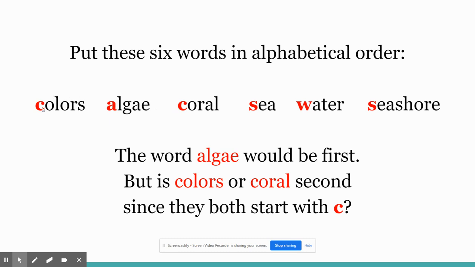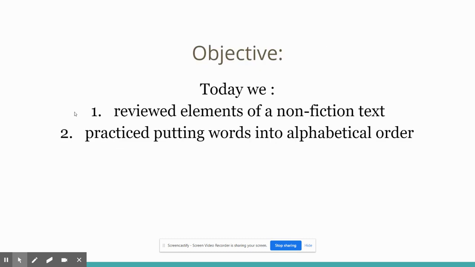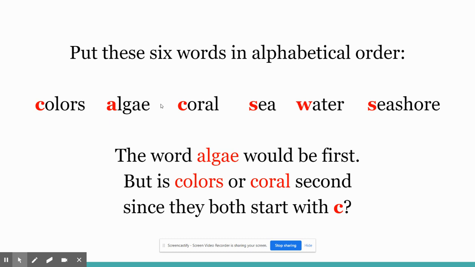So back here to colors, right? COL is our third letter. And in coral, COR is our third letter. So since C and O are the same, we have to compare the third letter R in coral and the third letter L in colors.